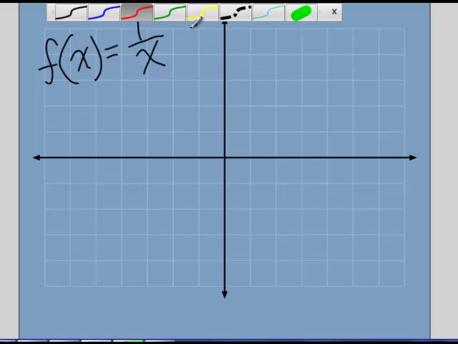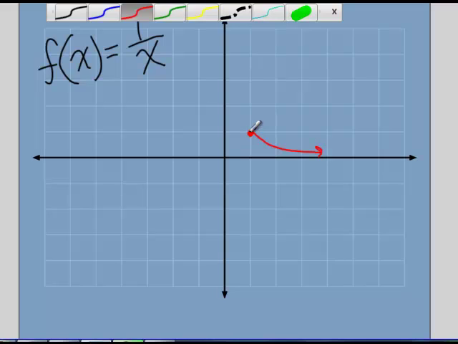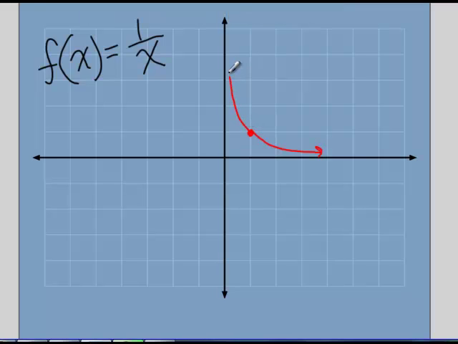Let's put in a spot when x is 1, we know my f of x is going to be 1. So we can approximate the graph like this, where this is actually a curve. Fix that a bit. And it's getting closer and closer to these axes, but it's never touching.